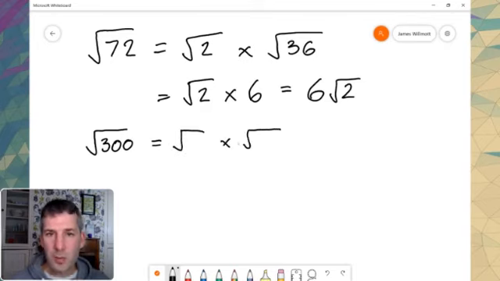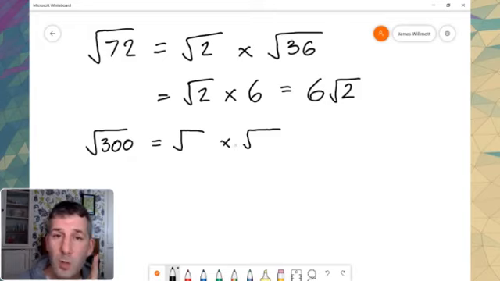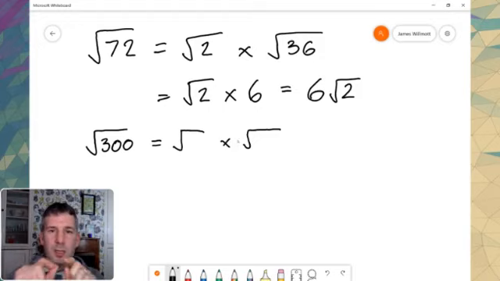Now there's 2 numbers that are going to multiply together to make 300. There are lots of different numbers I could choose, but I want one of those numbers to be a square number so that I can easily find the square root of it. Okay, so this is always the process. You split the number that you've been given up into 2 factors, ideally or hopefully where one of them is a square number.